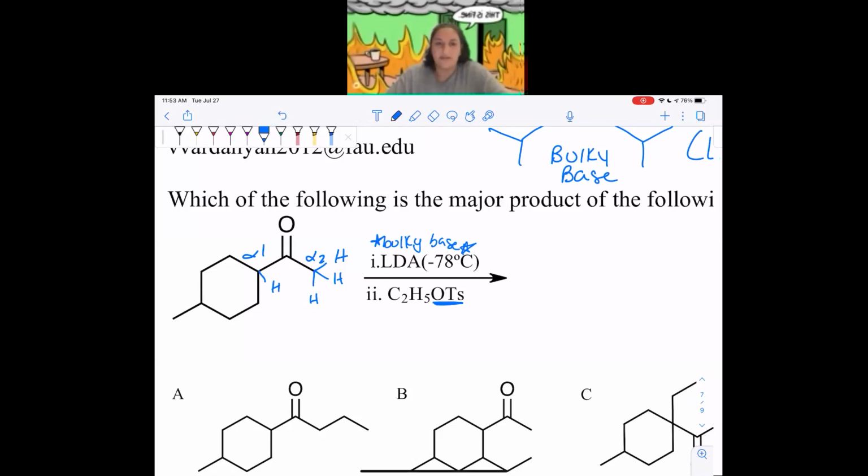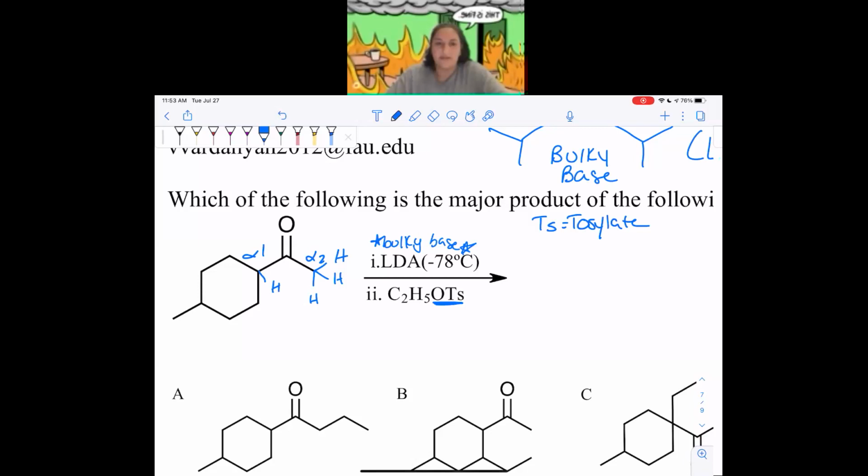Okay, so it doesn't seem like you guys remember, and if you do remember and you just don't want to say it, that's fine too. But basically, OTs stands for tosylate.